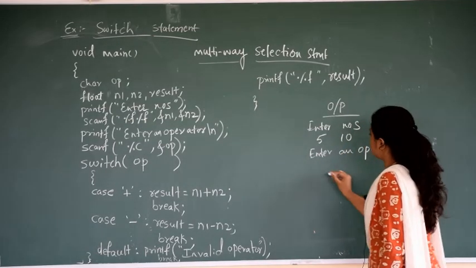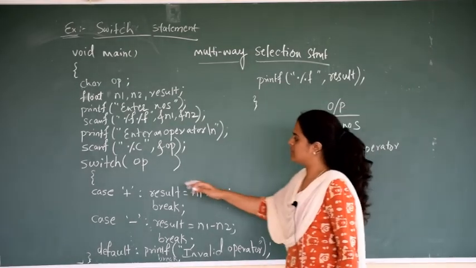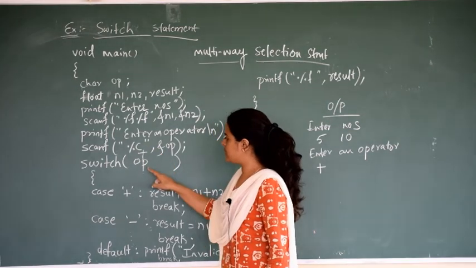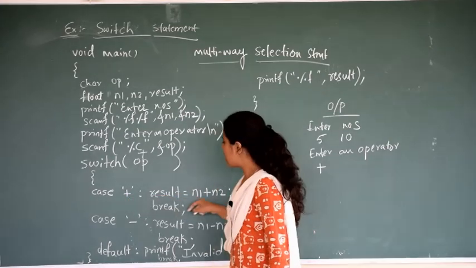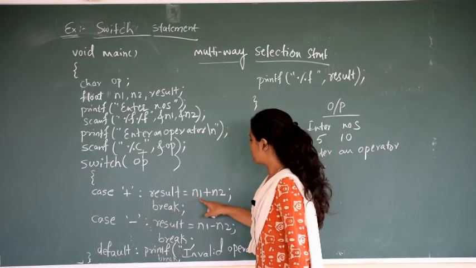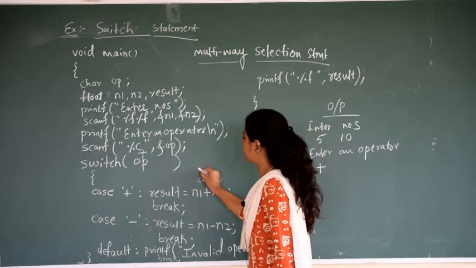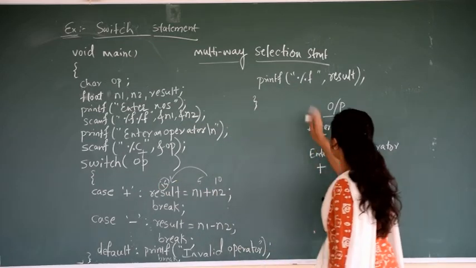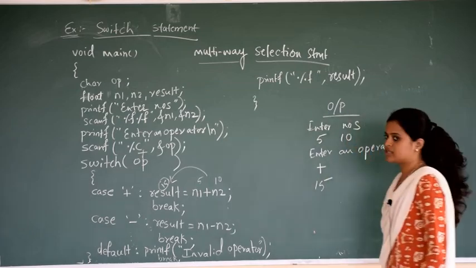If I enter the plus operator, it will come inside the switch, and the operator I am reading is of type plus. So it will come to this case block and execute this part. n1 plus n2, that is 5 plus 10, result 15 will be stored in the result variable, and using the printf statement it will print on the screen as 15.